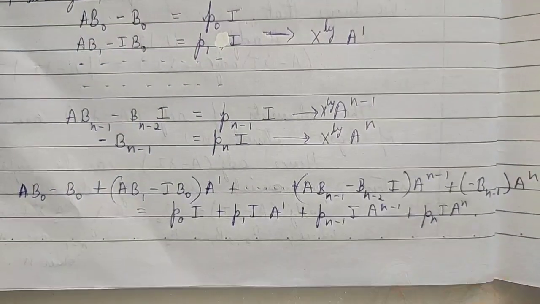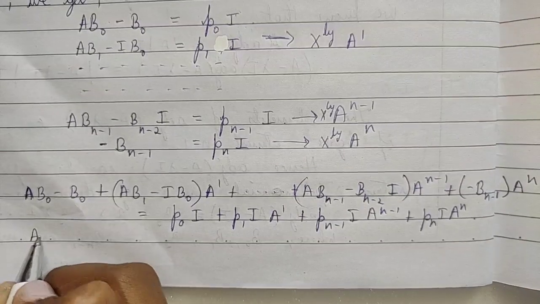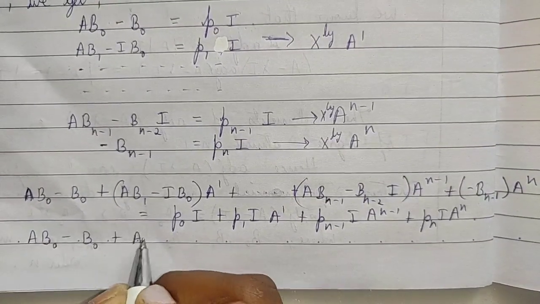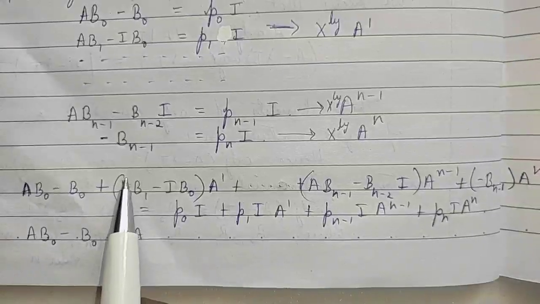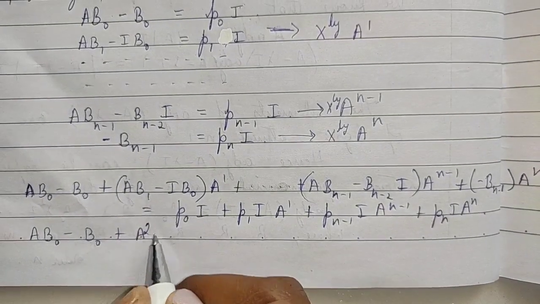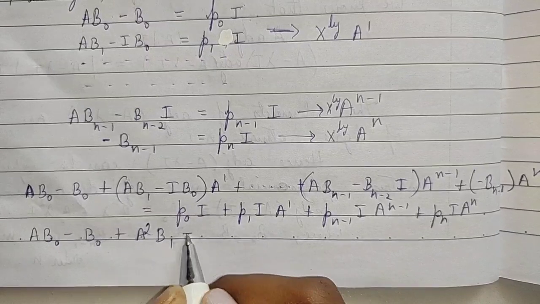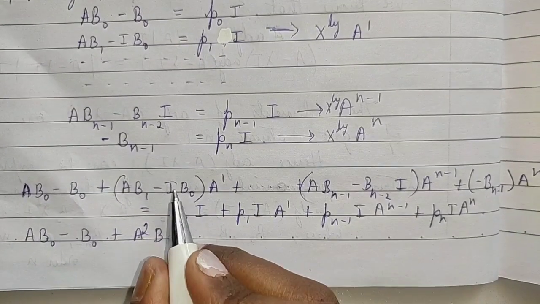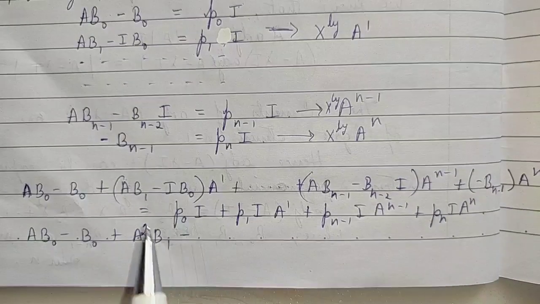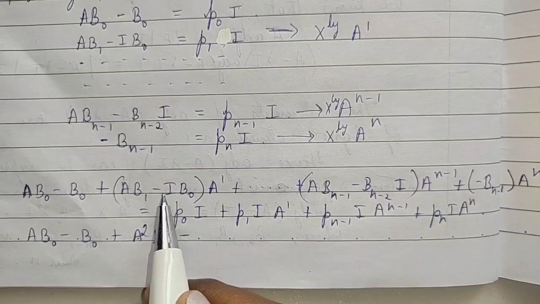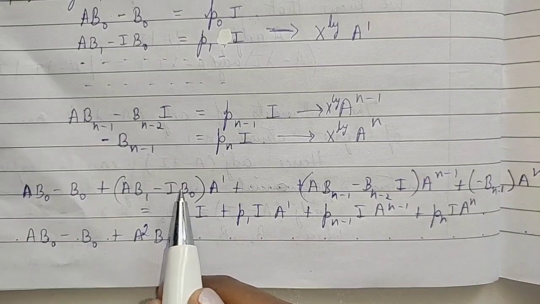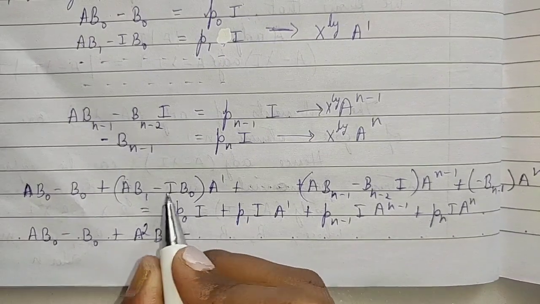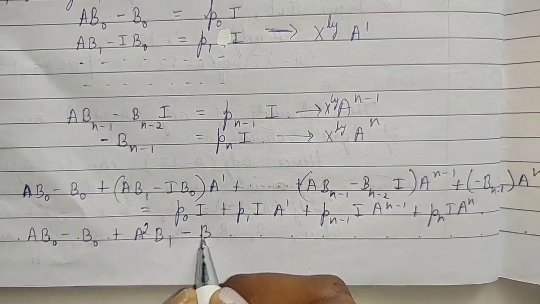Now multiply this A inside. So A B naught minus B naught plus A power 1 plus 1 is 2, B1 minus I into B naught is B naught. So we have a property saying any matrix multiplied with the identity matrix, you will get back the same matrix. Okay, that means you have B naught into I is equal to B naught itself.